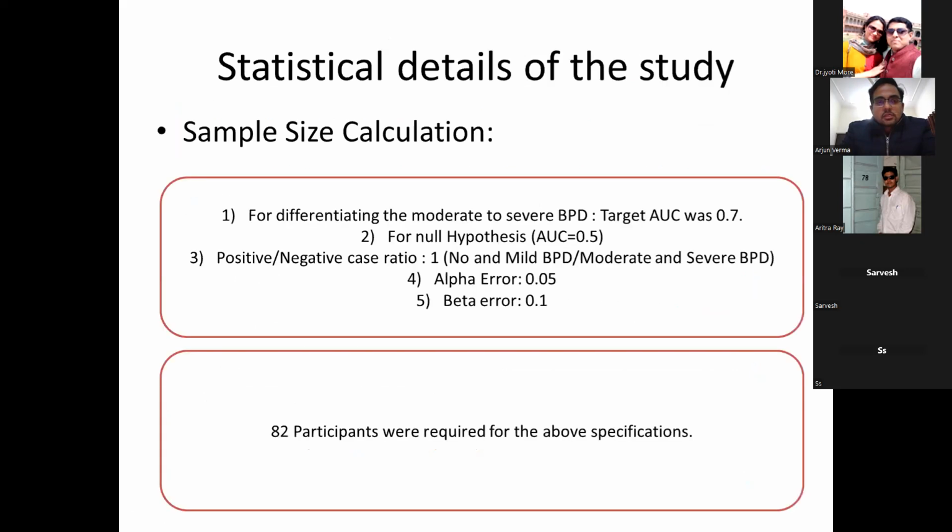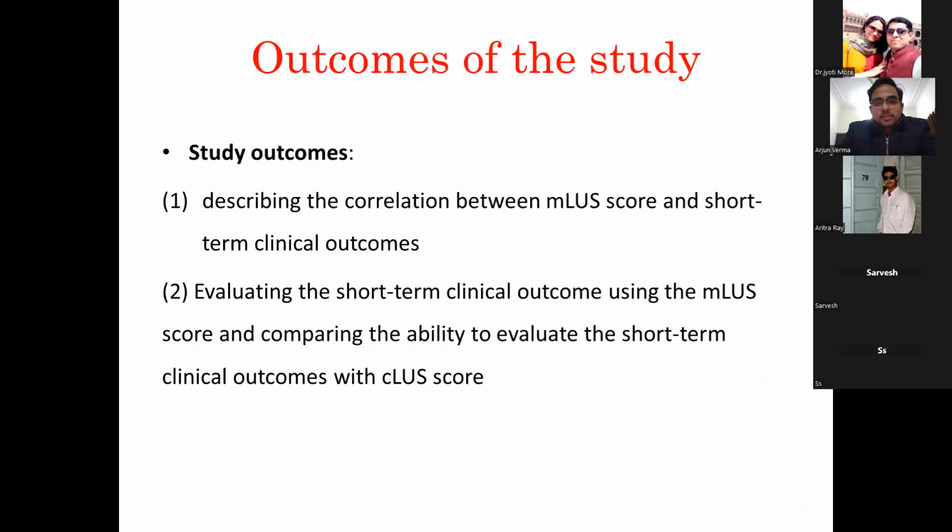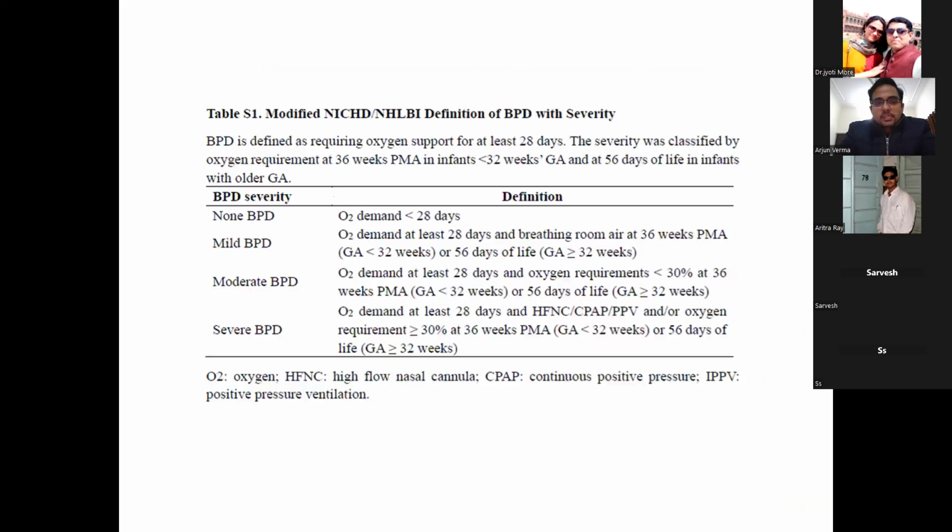So what they used was the NICHD, NHLBI definition of BPD severity, and on that basis they had calculated. Jyoti, please don't skip the slides. Go back 2 slides. So what they did was non-BPD, mild BPD, moderate and severe BPD based upon the O2 requirement and the ventilation requirement.